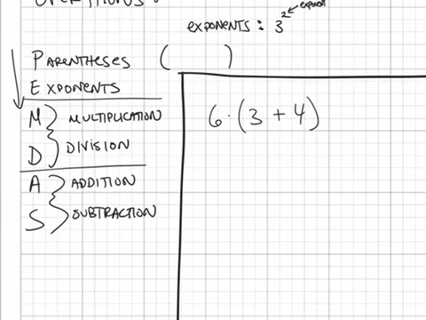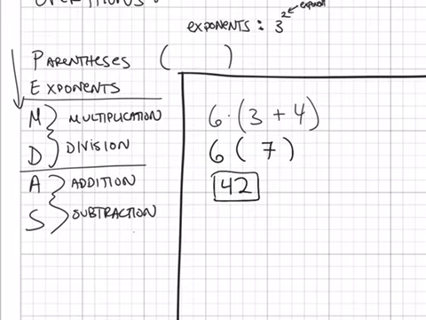Because they're next to each other. But the addition, which is supposed to come after multiplication, is actually inside of parentheses. And so, if it's in parentheses, we have to treat it like a group and take care of whatever's in the parentheses first. So we're actually going to add 3 plus 4 first. And then we'll do 6 times 7, which is 42. Okay, that's example number 1.